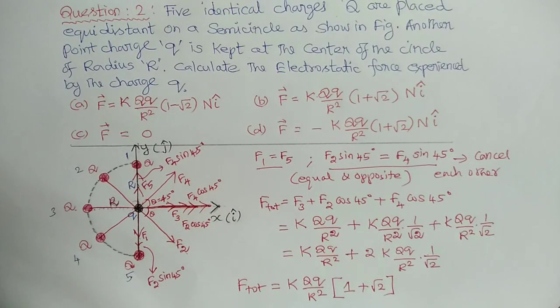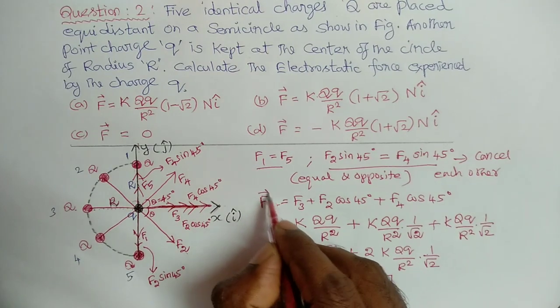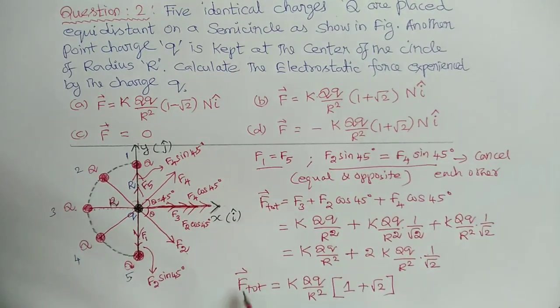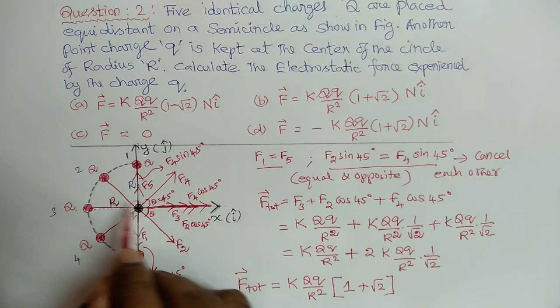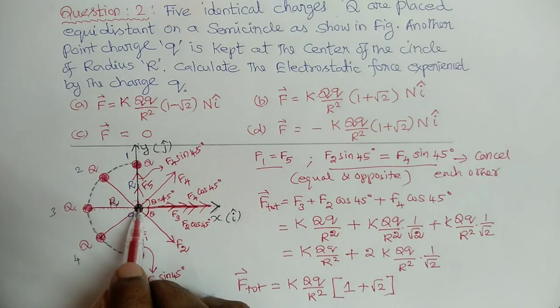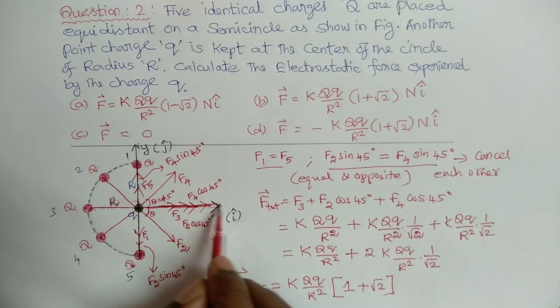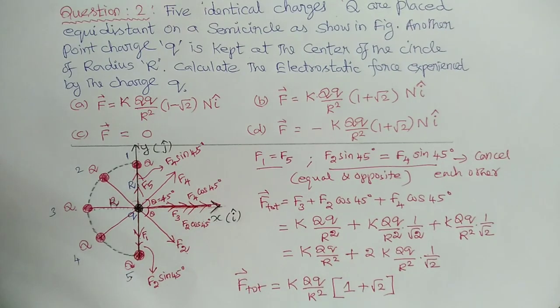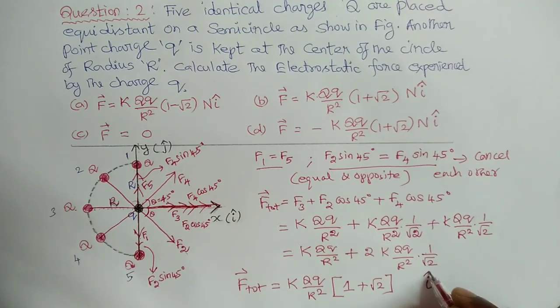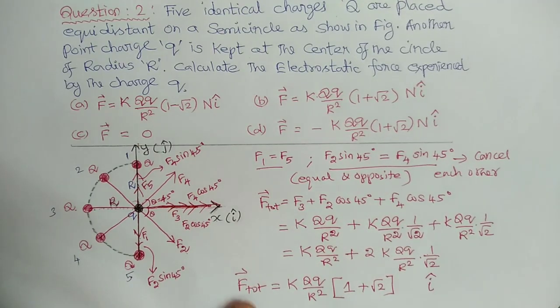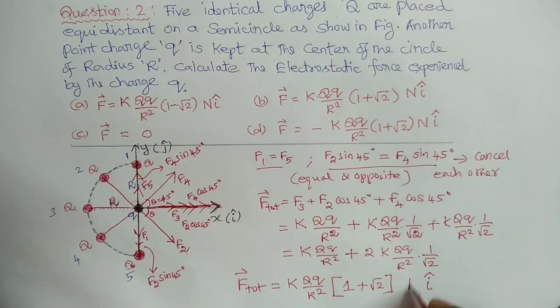Okay, then force is a vector quantity. We know that. So the net force, that means the total force experienced by Q by all these charges, which is lying on the direction of x-axis. Okay, so we'll use the component i cap, and the SI unit of force, which is Newton.